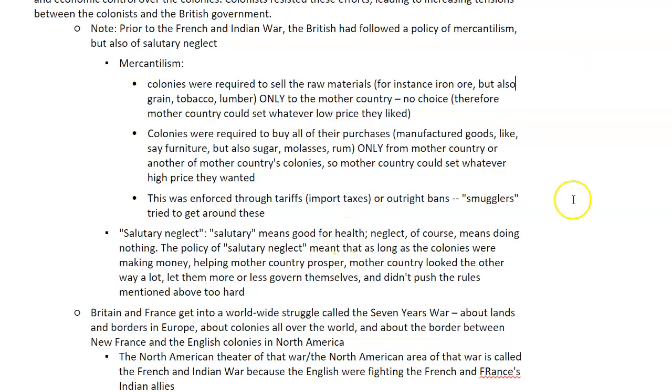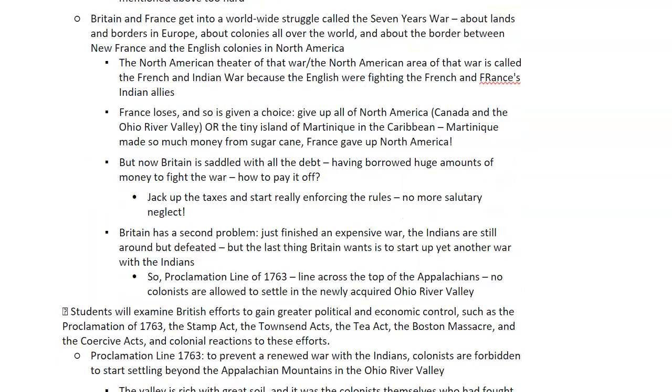Well, along comes the French and Indian War. Britain and France get into a worldwide struggle called the 7 Years' War. It's about land in Europe, it's about economy in Europe, it's about borders in Europe, and about British and French colonies and to some degree Dutch colonies over in the Pacific Ocean, in the Caribbean.